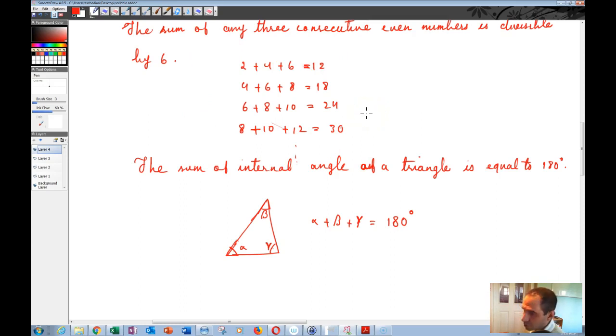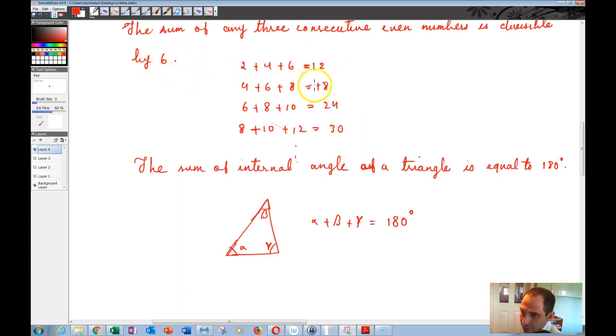meaning that you could test, for example, 100 different cases. You might add up 3 consecutive even numbers together, and you get numbers which are divisible by 6.